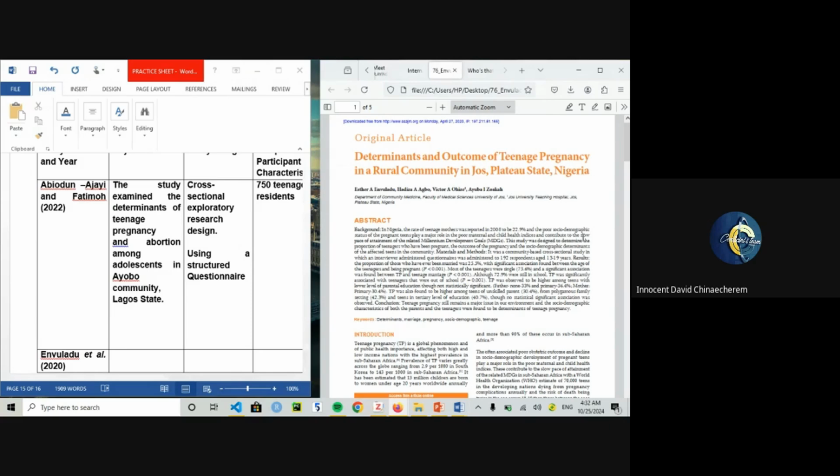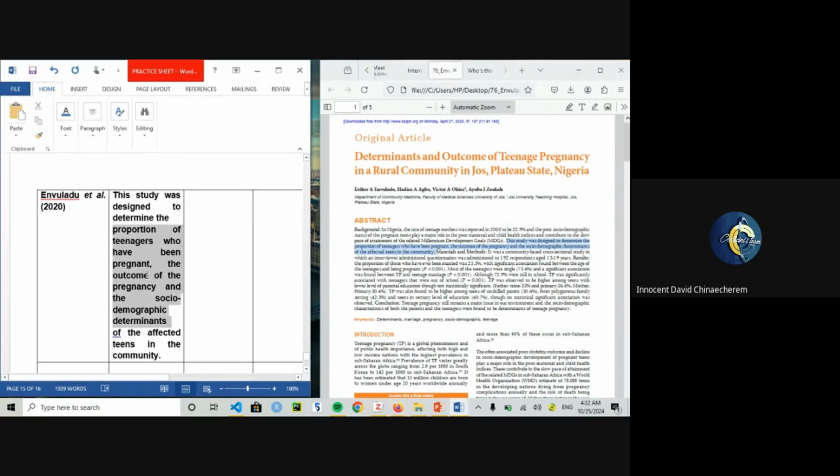So now looking at the same study, the next thing we need to do is to extract the aim, and this is the aim. So we pick it out, which is the main aim. The study was designed to determine the proportion of teenagers who have been pregnant and the outcome of pregnancy. So that could be the title or the aim. So you can take that out.